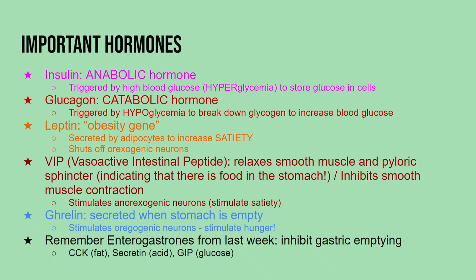And what orexigenic neurons do is they inhibit the paraventricular nuclei. So it's going to prevent the release of leptin, which then makes you hungry. So this means inhibit. And that indirectly leads to hunger.